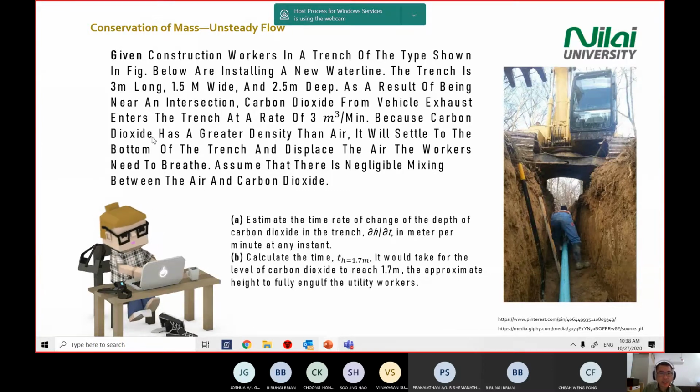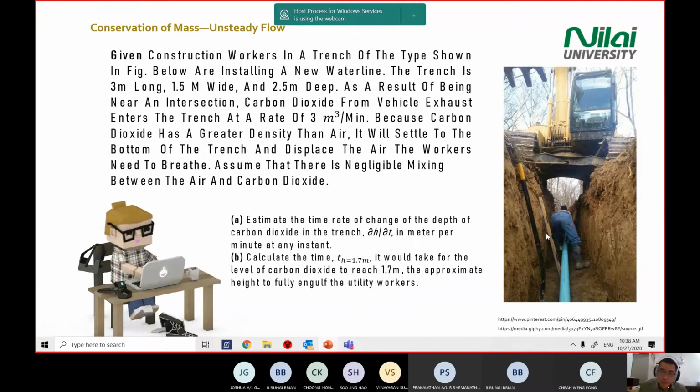Because this CO2 has a greater density than air, it will settle to the bottom and displace the air the worker needs to breathe. So it brings a bit of danger to the worker here.